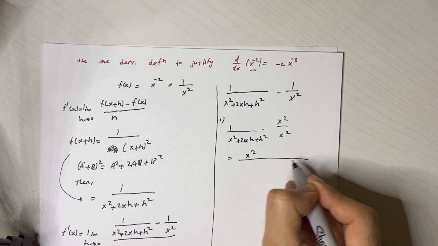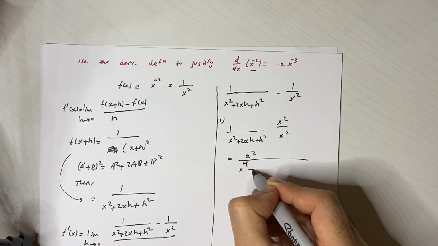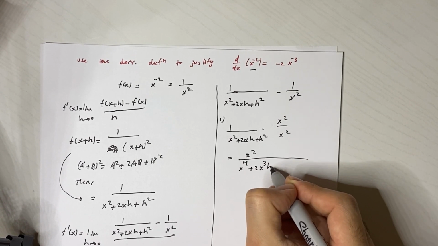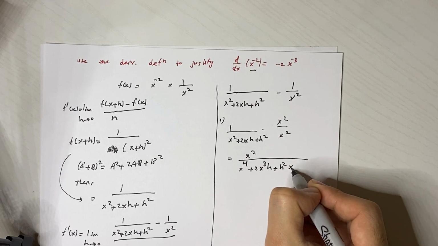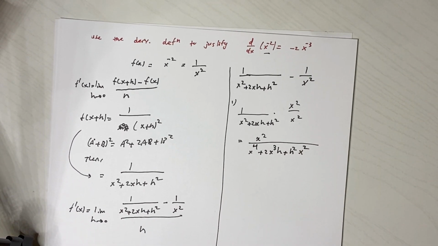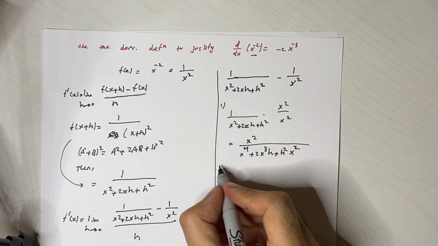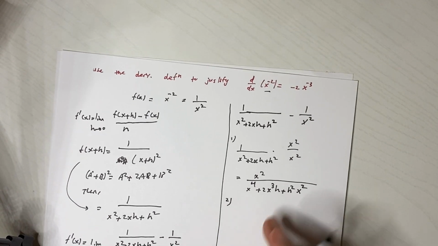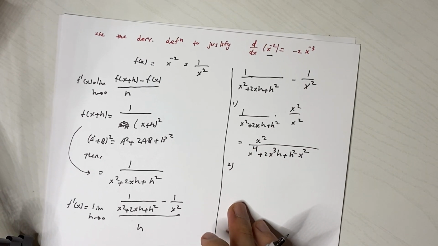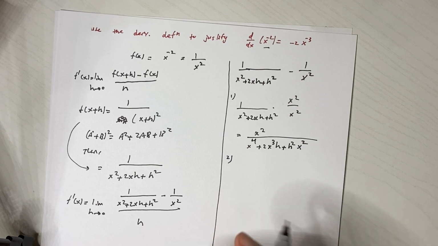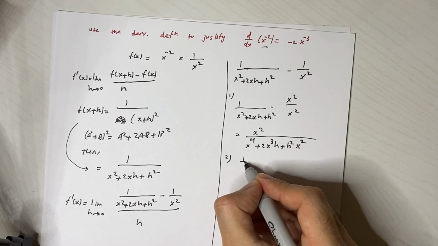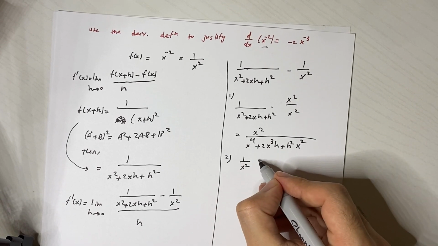So the first one will be x squared, and the bottom will be x to the fourth plus 2x cubed h plus h squared x squared. And then second step, we will take the second term, which is 1 over x squared, and we want to find the common denominator.